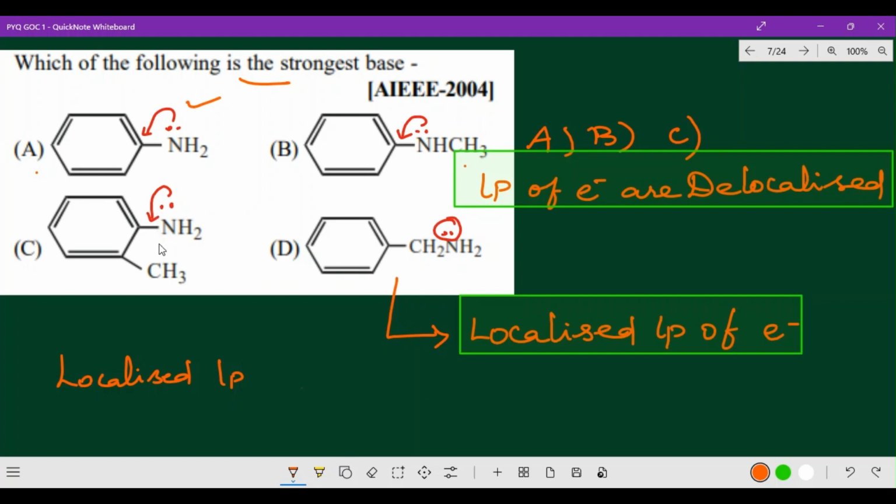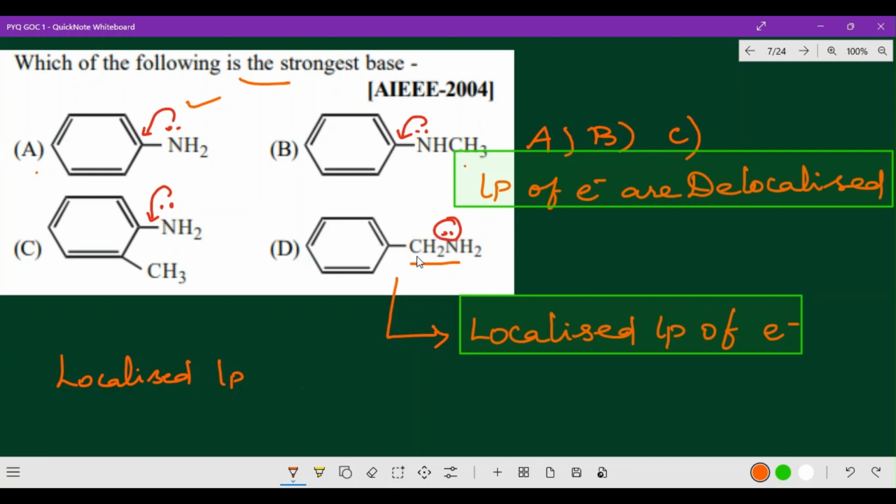In orthomethyl aniline also, the lone pair of electrons on the nitrogen atom is delocalized with the benzene ring, whereas in benzyl amine, CH2NH2, the lone pair on that nitrogen atom is not delocalized.